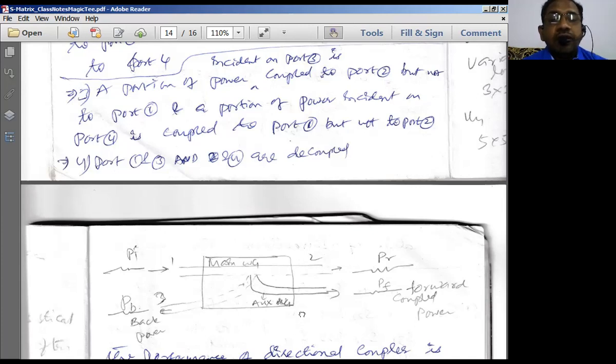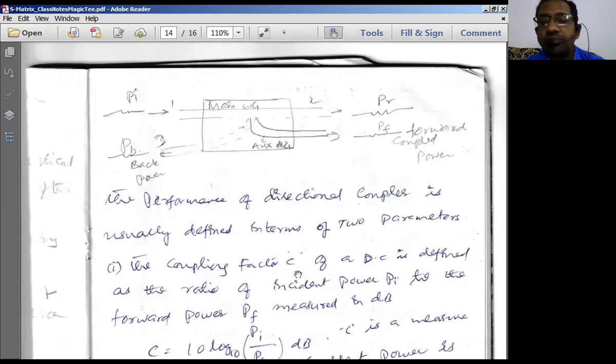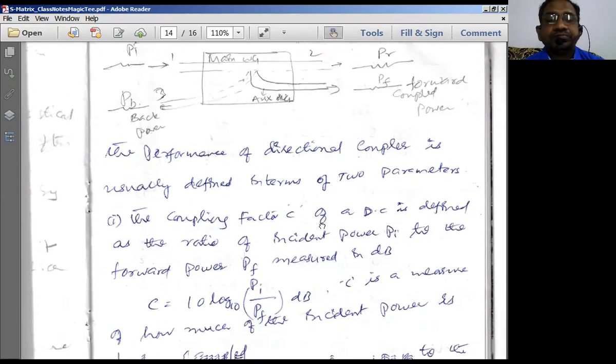So finally, what we can conclude here is that ports 1 and 3, and ports 2 and 4, are known as decoupled ports. That means if you apply input at port 3, no signal is coupled to port 1. If you apply input at port 2, no signal is coupled to port 4. Therefore, ports 2 and 4, and ports 1 and 3 are known as decoupled ports. That means coupling is not provided between these two ports.